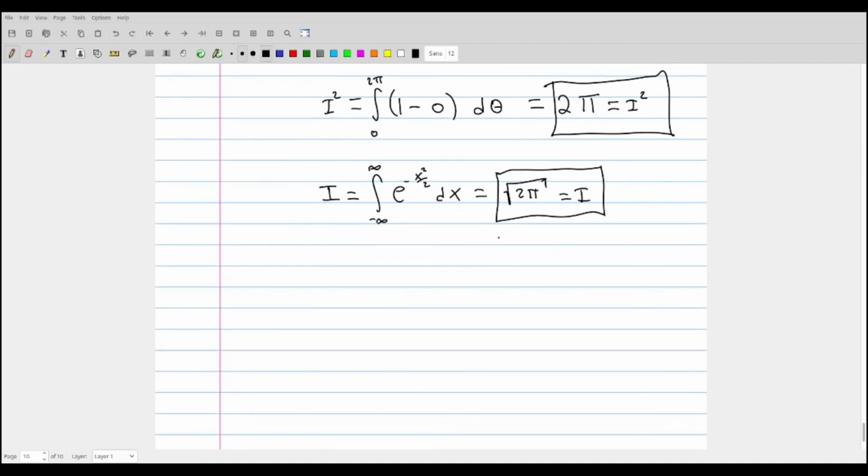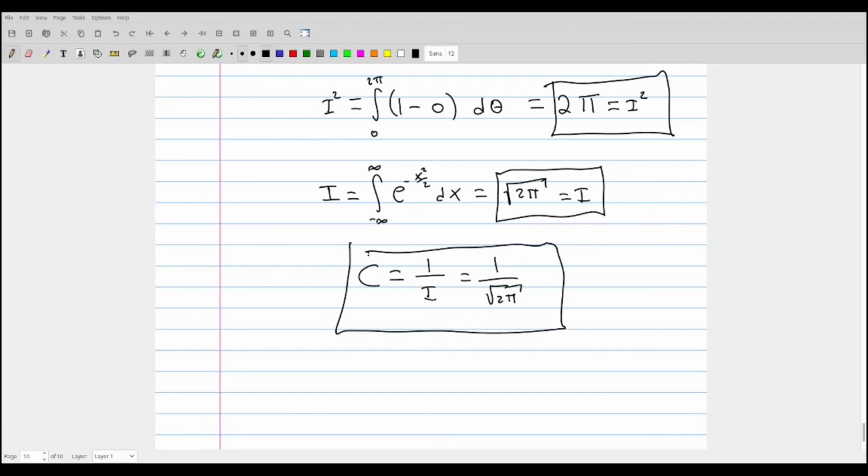And our normalization constant, c, for the probability density function, is going to be 1 over I, or 1 over the square root of 2 pi, which is exactly what we had when we wrote down the general standard normal distribution.